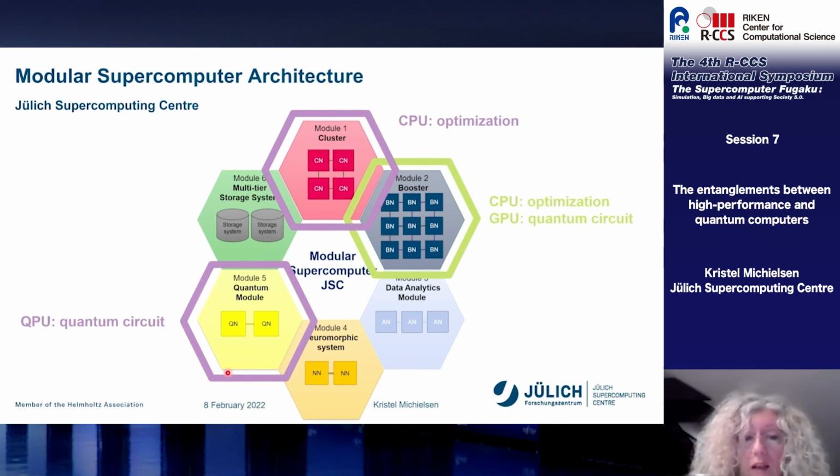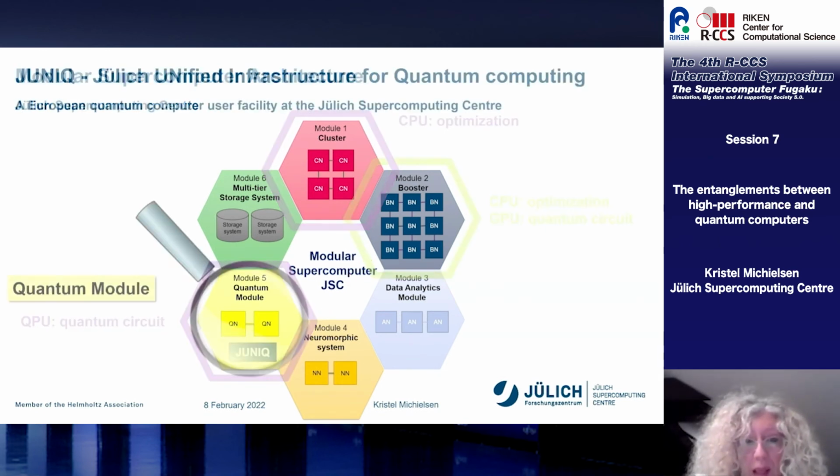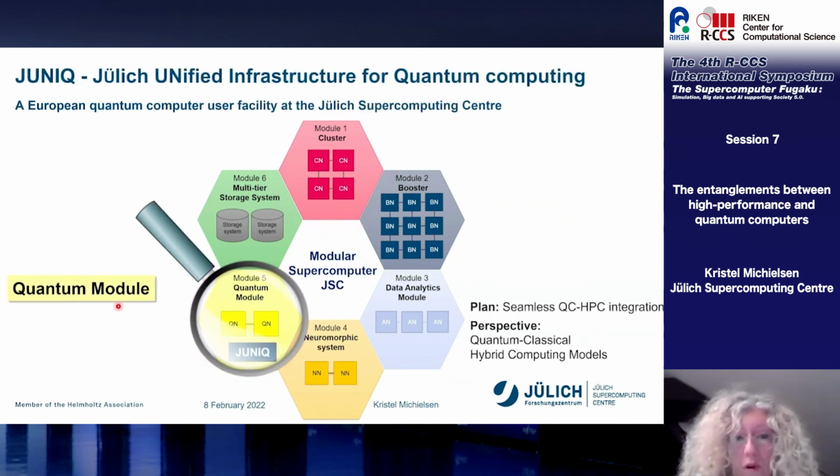Then I come to this quantum module, which we attached to our modular supercomputer architecture. Let us have a closer look into this quantum module. We have it there to come to seamless quantum computing HPC integration, with the final goal of having quantum-classical hybrid computing models.